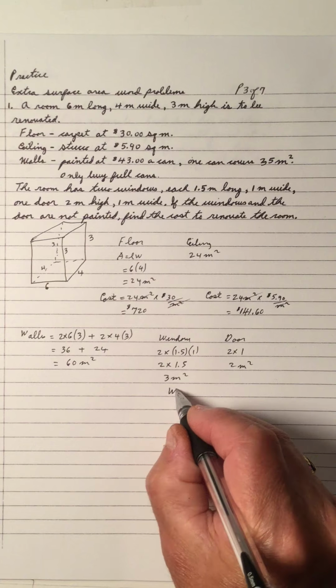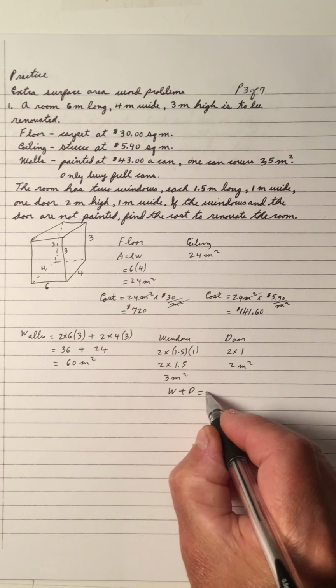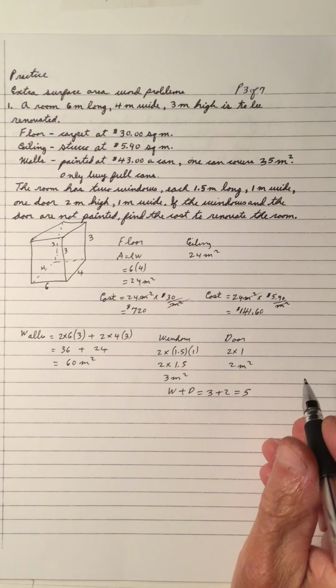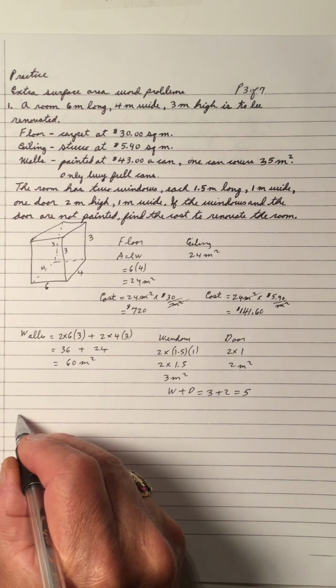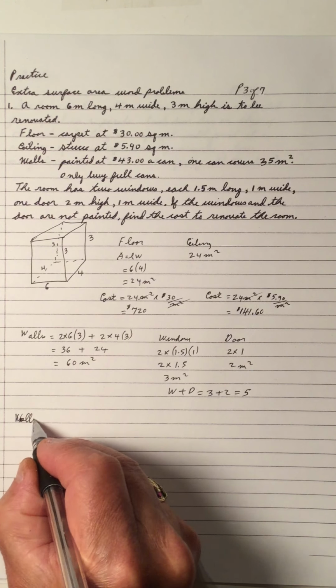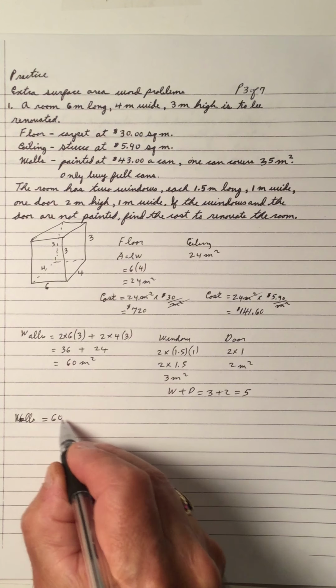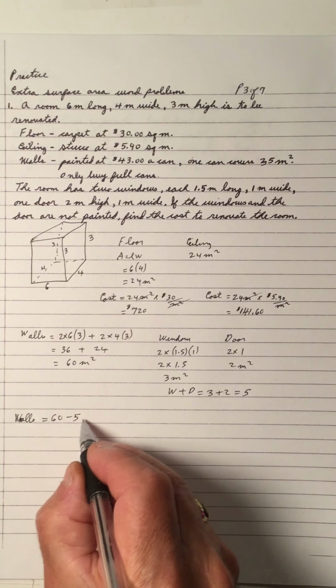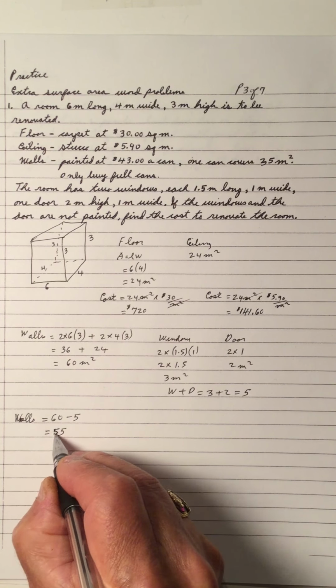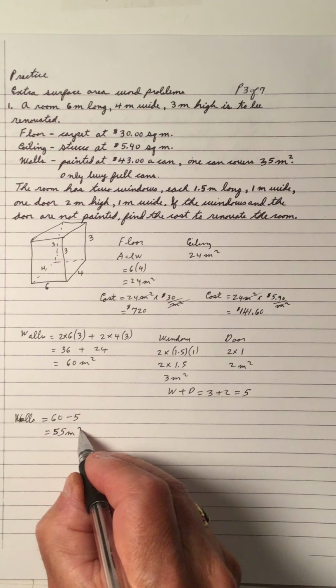So the windows plus the door is 3 plus 2, which gives us 5. But we're not painting those, so we have to subtract from the walls. The area that we're going to paint on the walls is 60 minus the windows and the door, and that gives us 55. So we're painting 55 square meters.